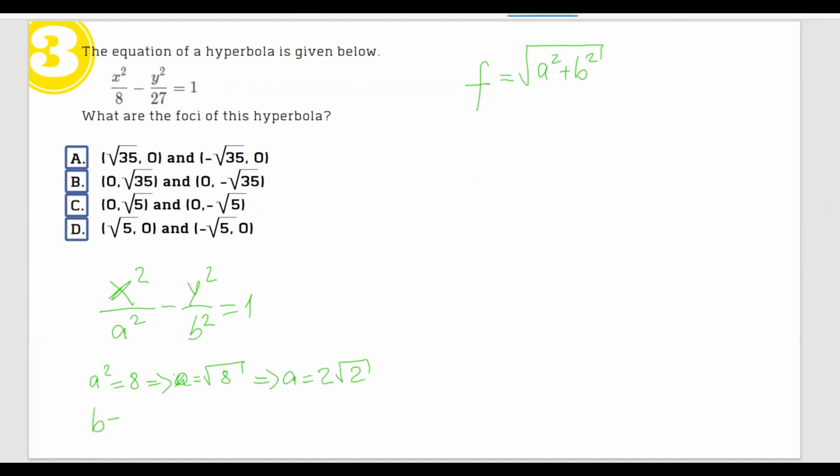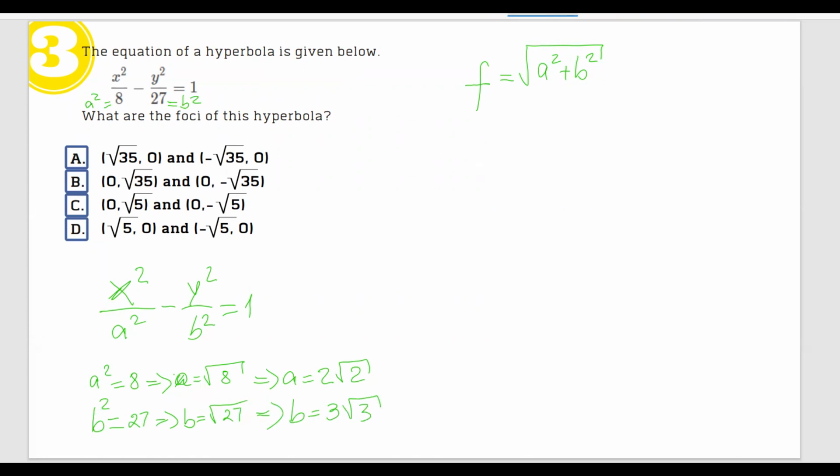This gives me that a is equal to 2 square root of 2. And b squared is equal to 27, and this gives me that b equals the square root of 27. So this is a squared, and this is b squared. This results in b being equal to 3 square root of 3.